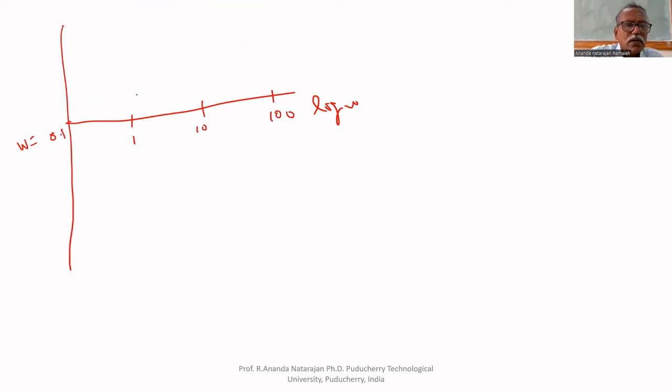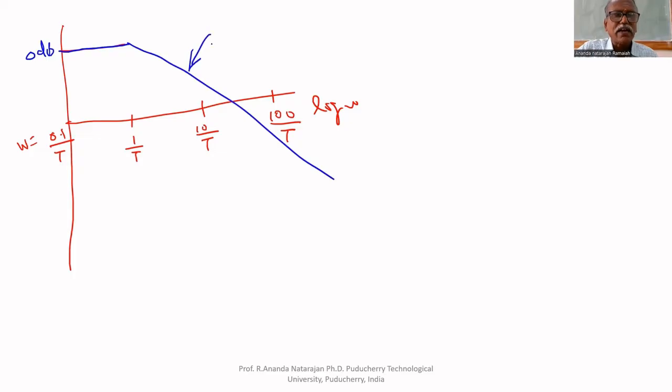Here, let us assume that this is 1 by tau, because we do not know the value of tau. 100 by tau, 0.1 by tau. Up to 1 by tau, it is 0 dB. After that, it decreases at the rate of minus 40 dB per decade.